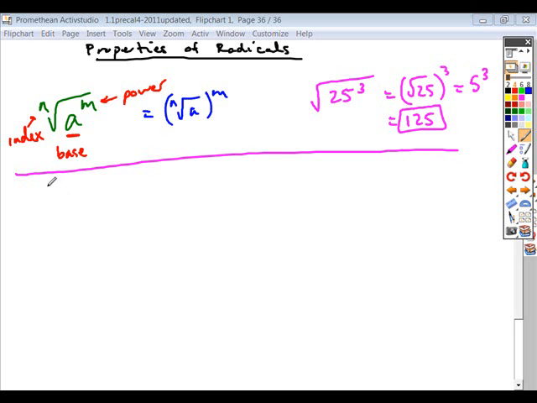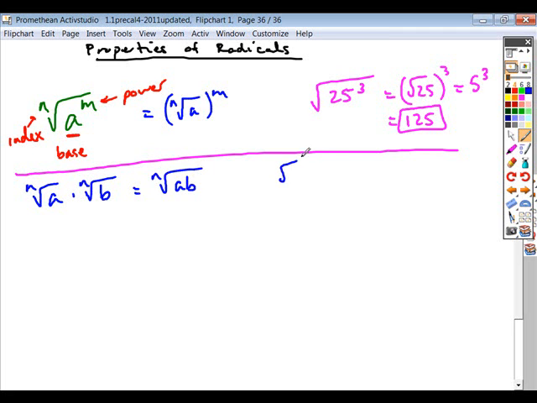Right, a couple other properties that you should be familiar with. They're very similar to what they were with exponents, and that is if you take the nth root of a times the nth root of b. So if you take two radicals with the same index, doesn't matter whether their bases are the same or different, and you multiply them, you can combine that product underneath one common radical.